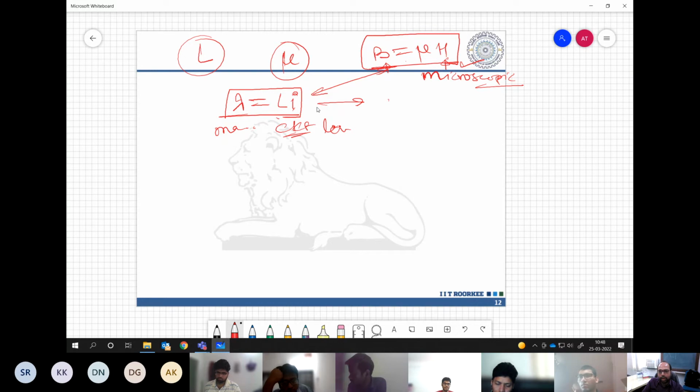So for example, lambda can be written as N phi, and L can be written as N square mu A by l, times I, and again this can be written as this.